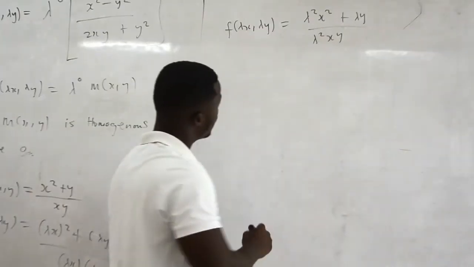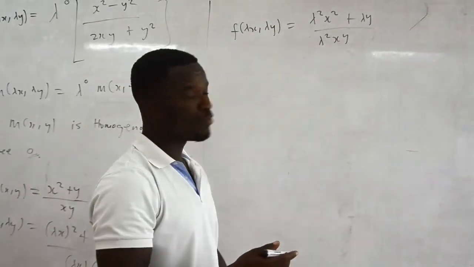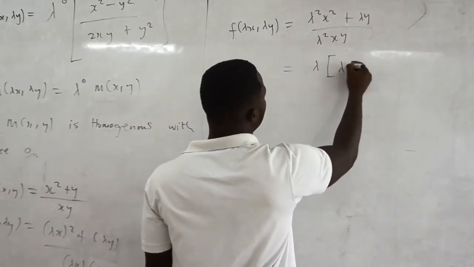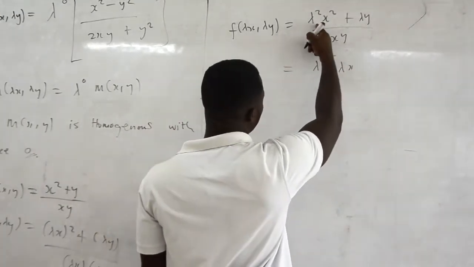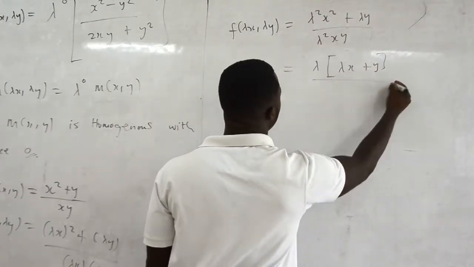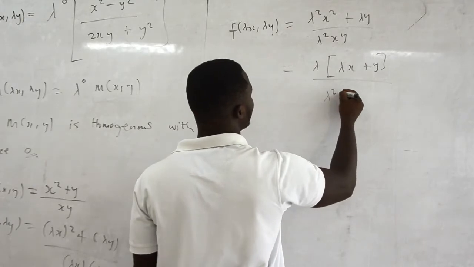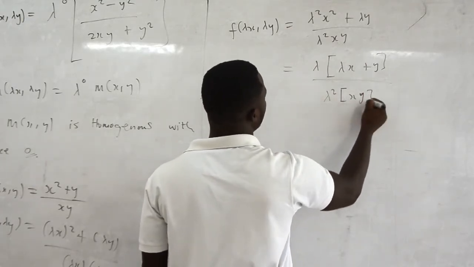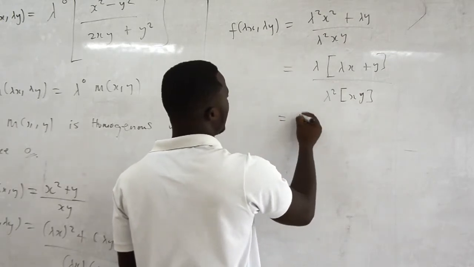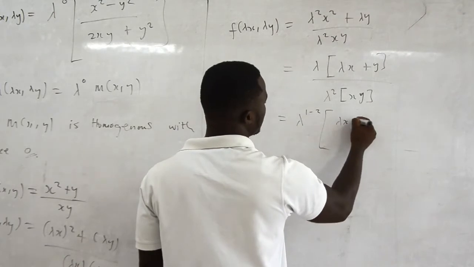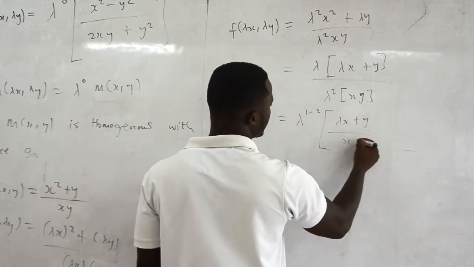And for the numerator, I think lambda is common in both terms, so I'll rather factor lambda out. So I have this lambda squared, so I'll have lambda x plus y here, all over lambda squared x y. So this one will be something like lambda to the power of 1 minus 2, lambda x plus y all over x y.